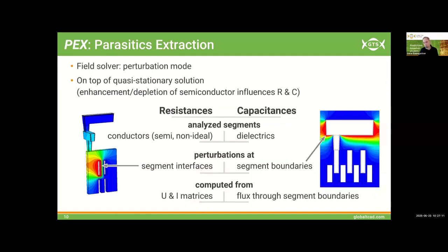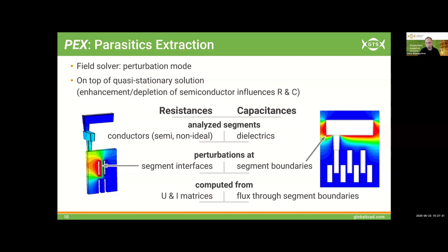Another component, once you have the 3D structure, is to really understand the parasitic network that comes out of it, because this really depends on the one hand on your design choices, on the other hand on your technology choices. So it's a core ingredient and one of the drivers of scaling, actually, to understand really how your RC network looks like.